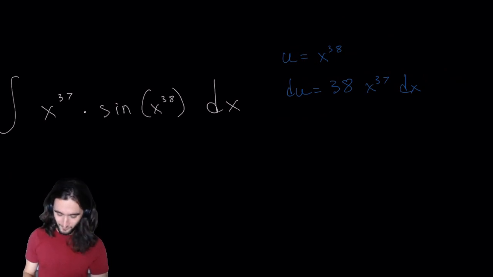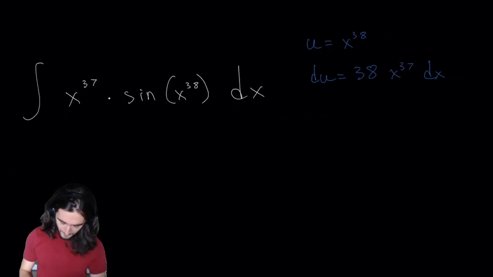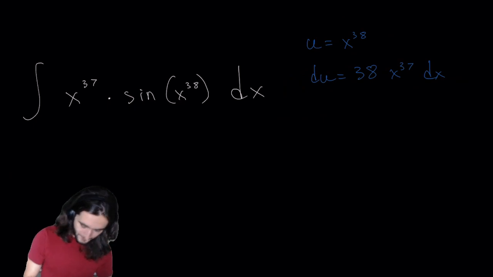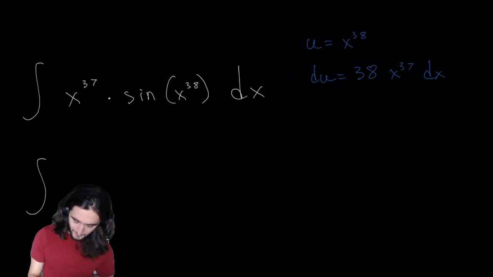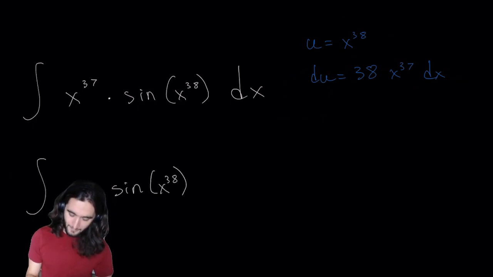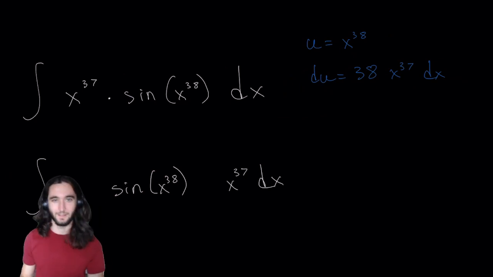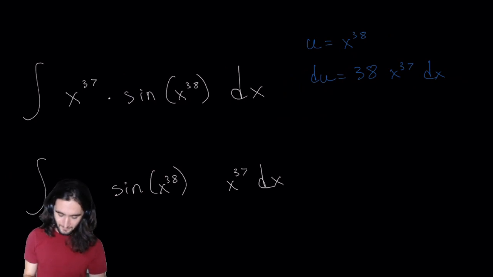Using this substitution, let's see. Here I have my sine of u. And for my dx, I need an x to the 37, and that's great, I already have an x to the 37. But I also need a 38.